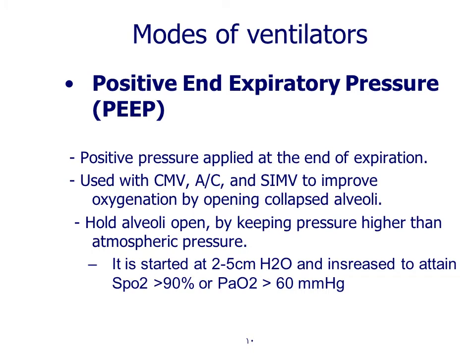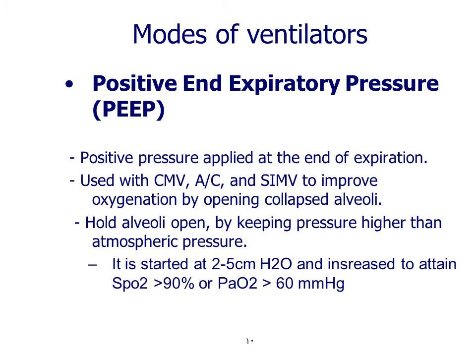PEEP, which is positive end expiratory pressure, a positive pressure that is applied at the end of expiration, used with different modes like CMV, assist control, SIMV to improve oxygenation by opening the collapsed alveoli or to prevent the alveolar collapse. This mode will help hold the alveoli open by keeping pressure higher than atmospheric pressure.